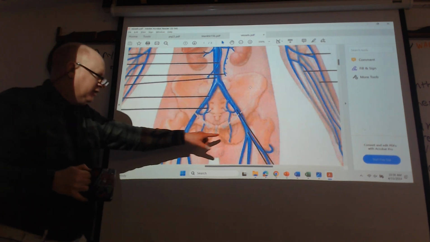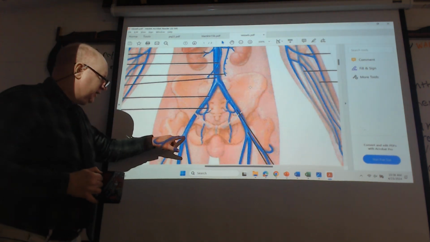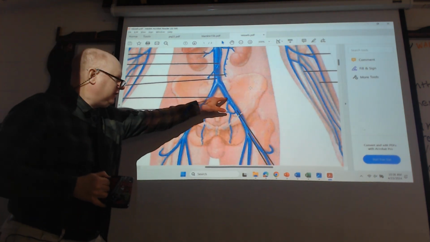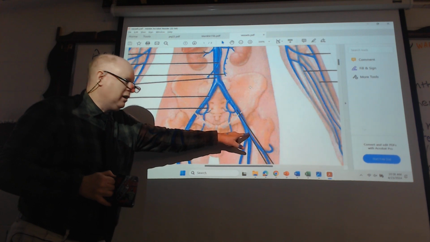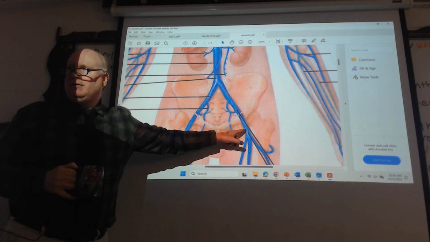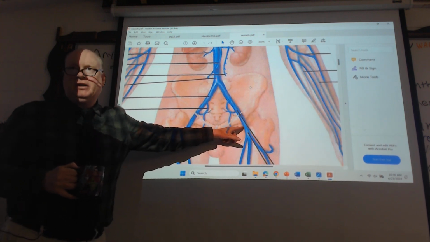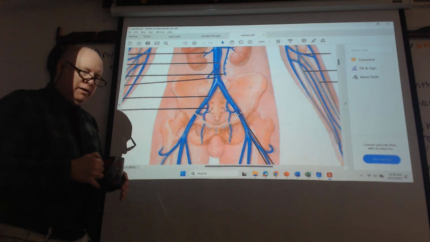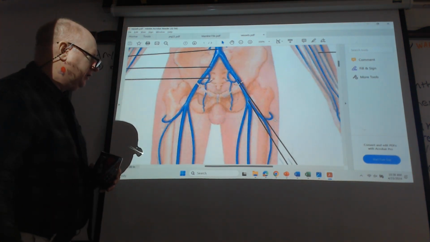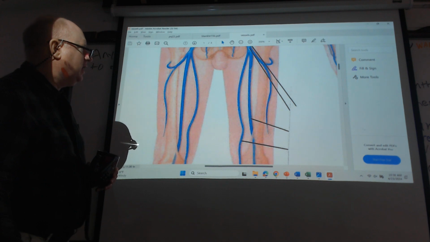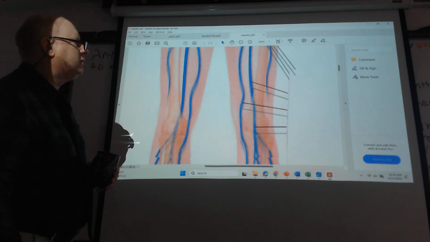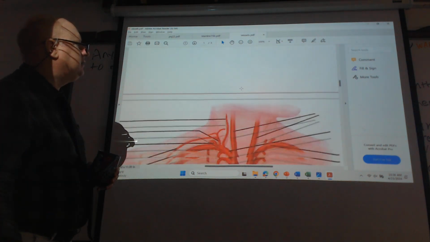Then when you get down into here, right where it's splitting, if this is the common iliac, this must be just plain what? Just plain iliac vein. Then, of course, when you get down into the leg area, you actually have the femoral vein and then the deep femoral.